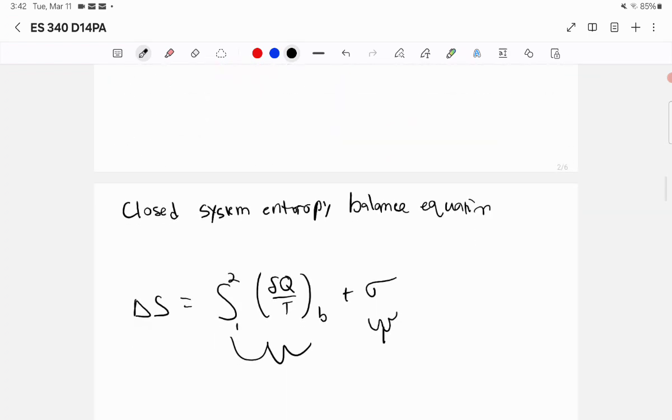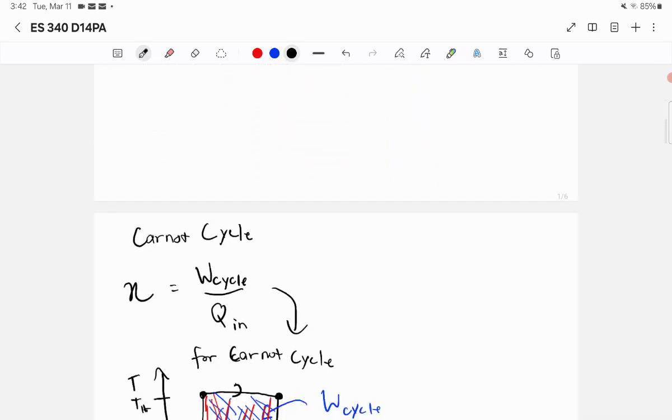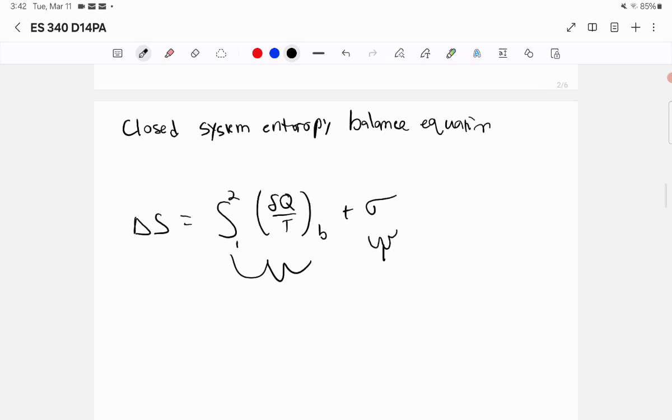Now, the next topic that I wanted to discuss here is the closed system entropy balance. I've been hinting that we were heading here, and now we are exactly where I wanted to be, which is discussing the entropy balance. We're going to treat it very similarly to the energy balance, except that many problems you're going to be dealing with are going to need both.